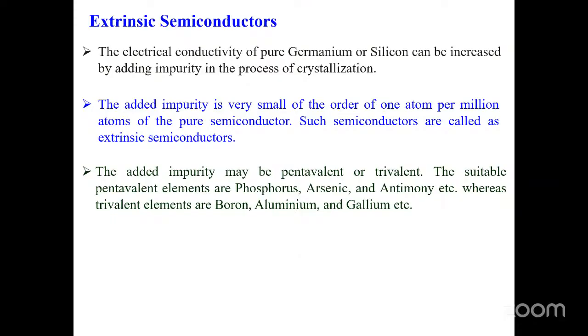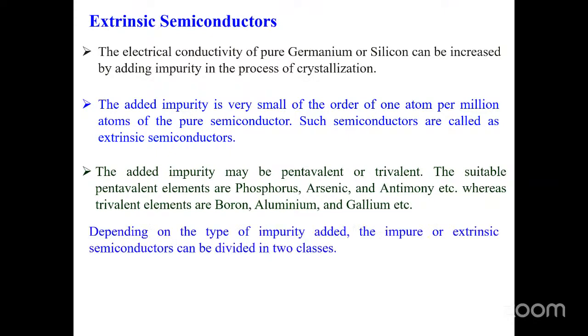For example, pentavalent elements are phosphorus, arsenic, antimony, whereas trivalent are boron, aluminum, gallium. Depending upon the impurities, two types of semiconductors are formed: the N-type semiconductor and the P-type semiconductor.